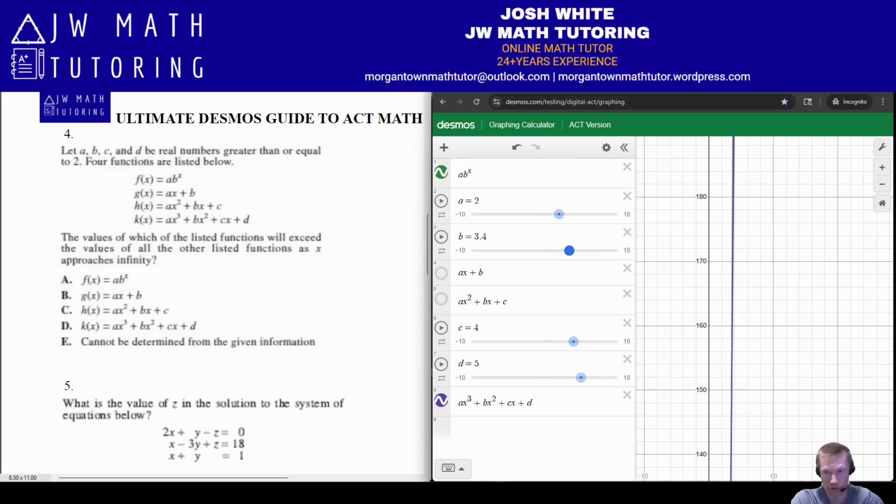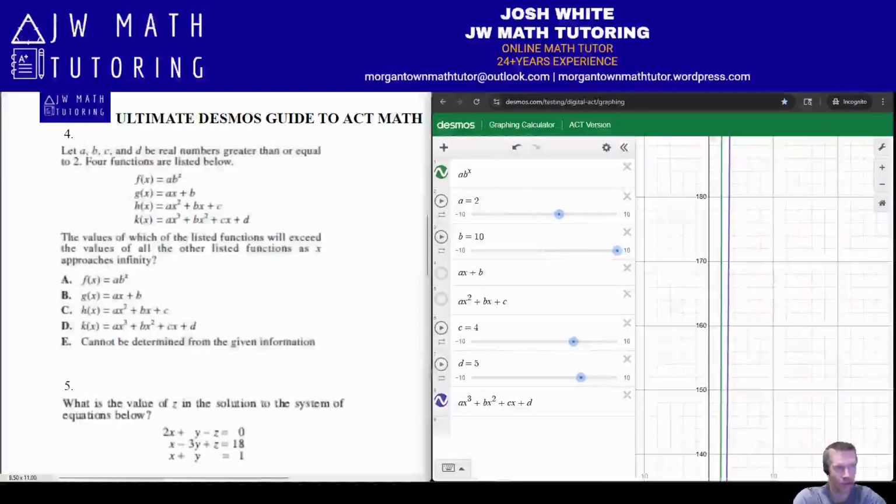However, if I increase this, again, the green, the exponential one, moves to the left of the purple, the cubic function. Therefore, the correct answer for this one is going to be letter A. It is the exponential function that will exceed the values of all the other listed functions as x approaches infinity.